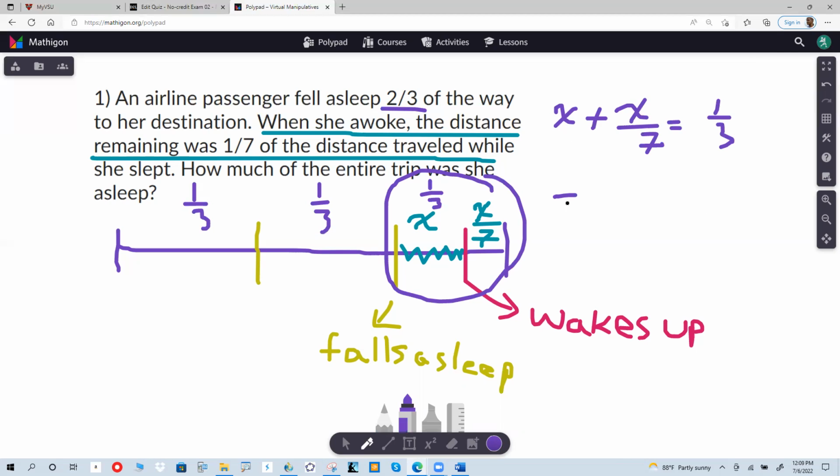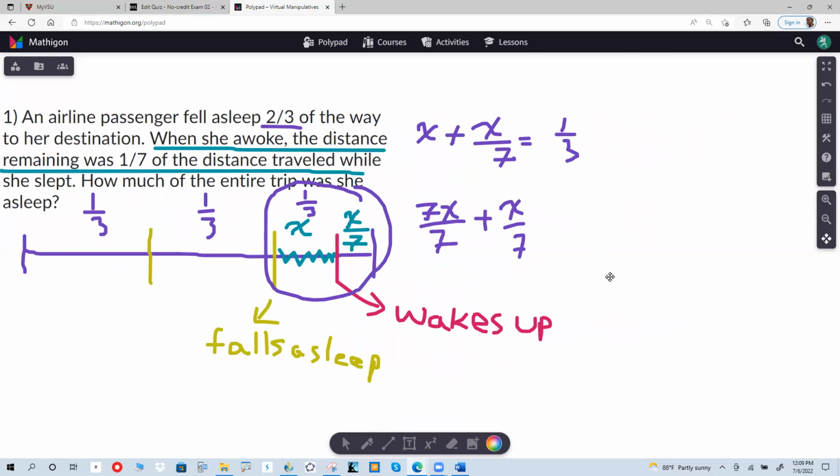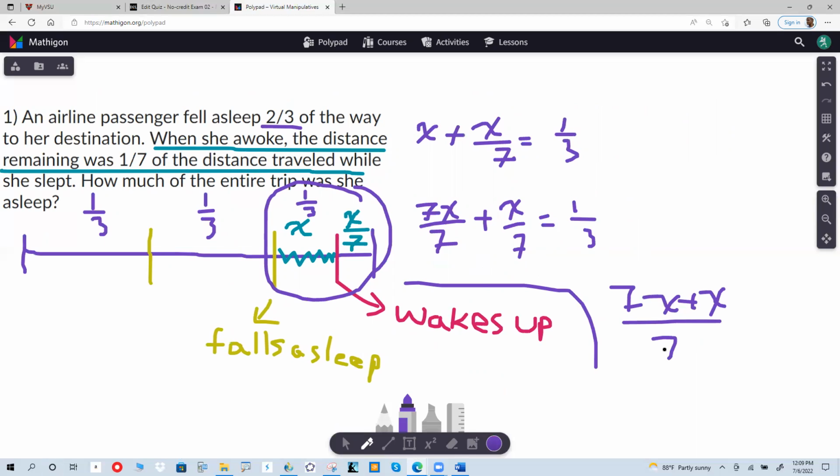I need the same denominator, and that's why I'm going to say 7x over 7 plus x/7 is equal to 1/3. The denominator is 7, so on top I have 7x plus x, over 7, is equal to 1/3.